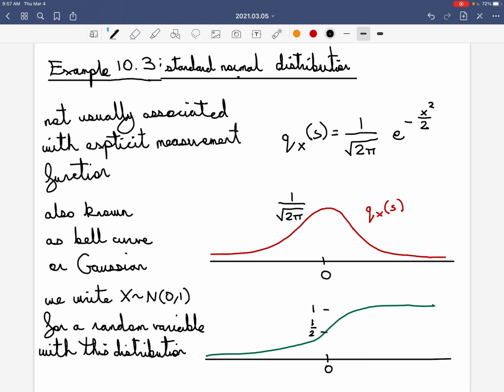Okay, so because there isn't an easy physical analogy for the standard normal distribution, I'm going to completely avoid the issue of specifying a measurement function for it or an underlying sample space.